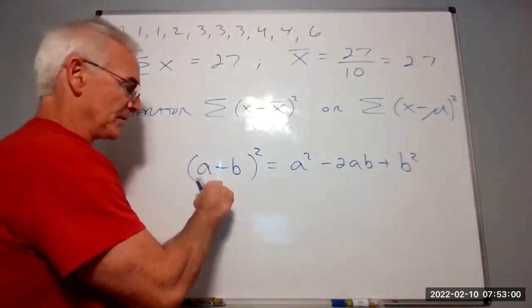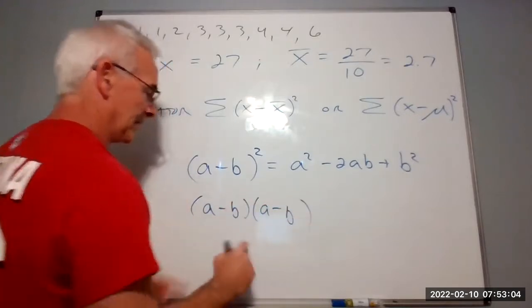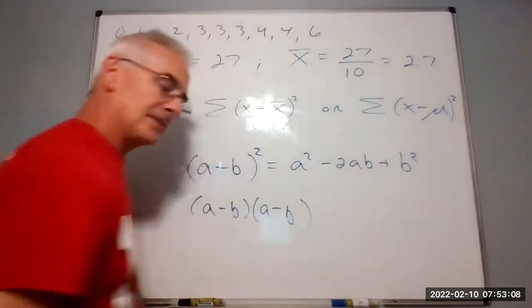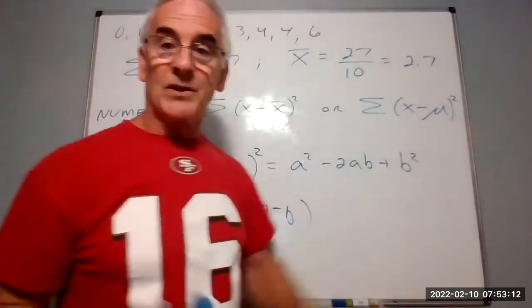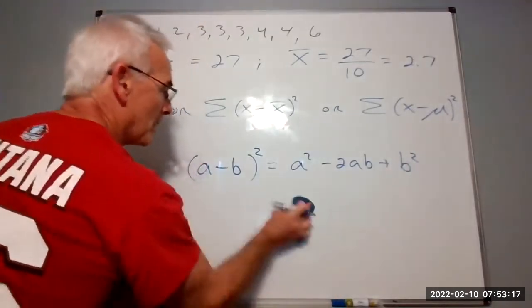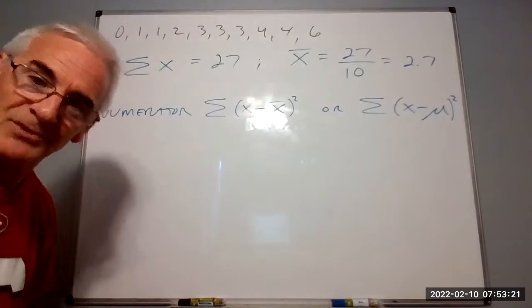When you square a difference, you're going a minus b times a minus b. Yeah. I got that. That's what I want to do with all these scores. I want to go ahead and square them first. Now that's a little long, but it produces a beautiful shortcut and result.